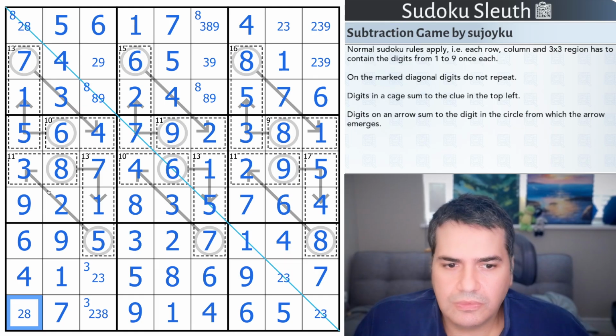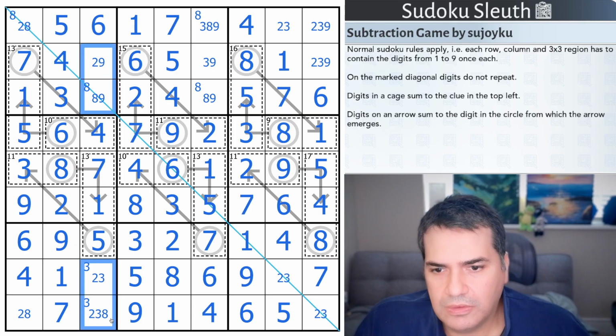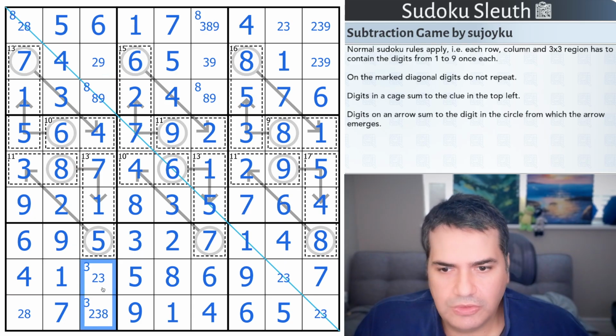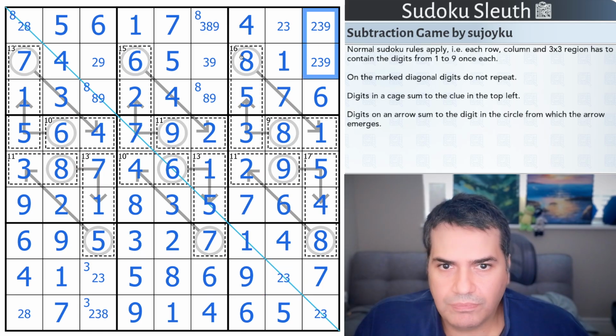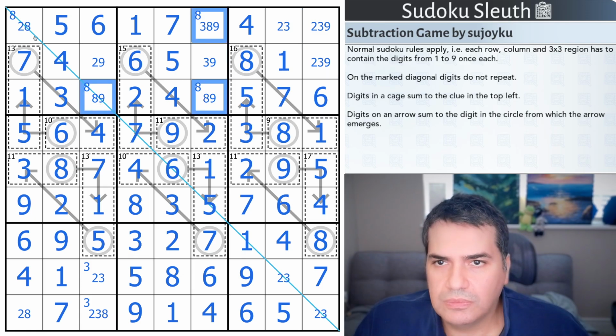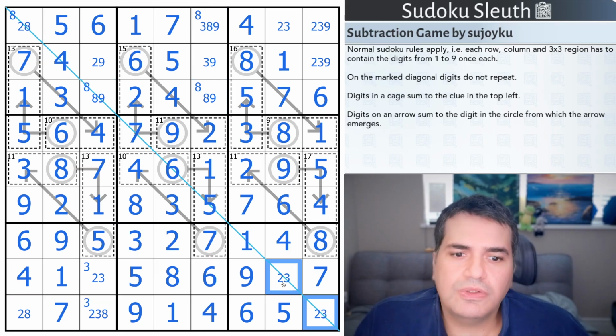So just glancing around, 2, 8 pair, 2, 8, 9, 3 quadruple. The 3 is in here, the 2, 3, 8, the triple, the pair again, the triple with a 9. The 9s don't line up. The 8s, oh no, they do. Kind of form this shape. 2, 3 pair.